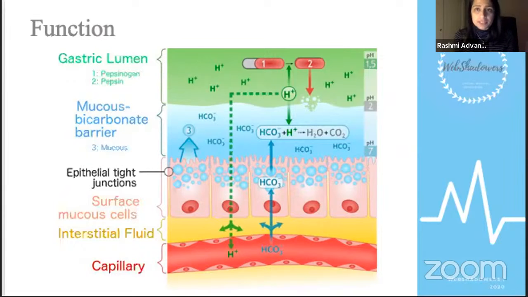So you can imagine a situation where, if the mucus membrane is compromised for any reason, you create a passageway for acid to reach the cells underneath and cause damage, and you also create a passageway for potential pathologic bacteria to reach the cells underneath and cause damage and inflammation.